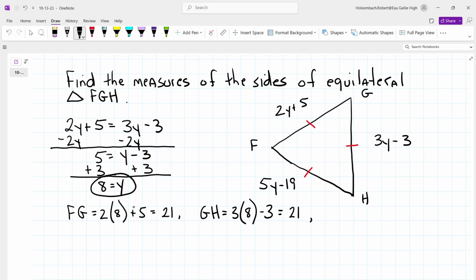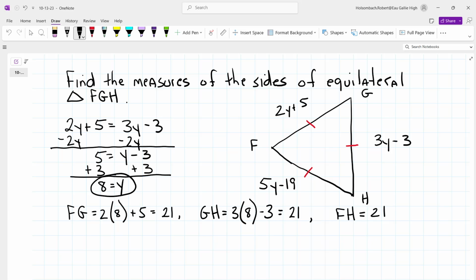And look, if the y value of 8 made the first two sides congruent to each other like they're supposed to be, don't you know that the value of y is correct? And you don't have to check it for the third side. What's FH going to be equal to? 21. Good.